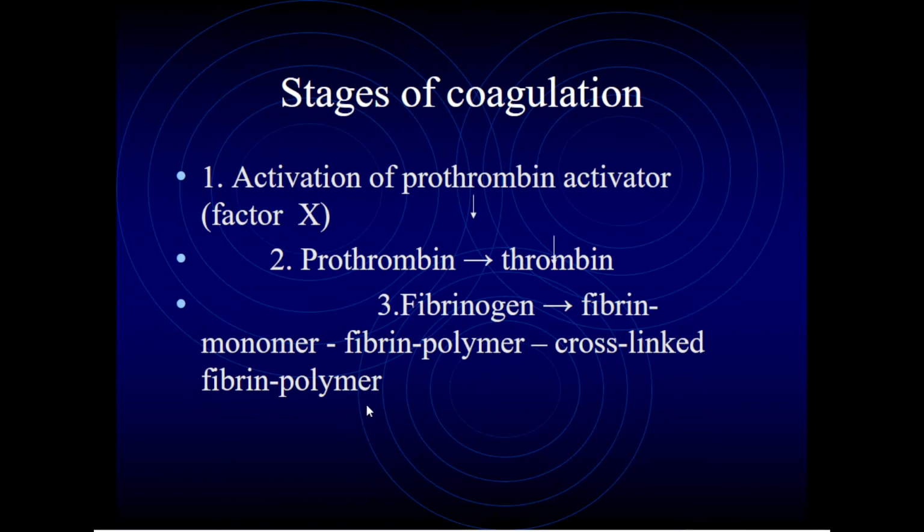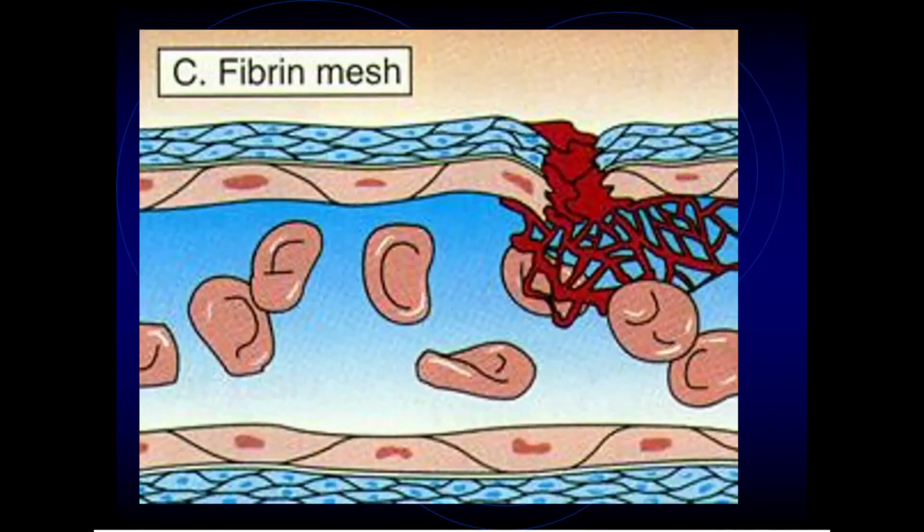The resulting clot, which traps red blood cells and other blood-formed elements, bridges the opening in the blood vessel wall, as you may see here. After some time, clot retraction pulls the damaged edges of the blood vessel together, squeezing out the clear serum.